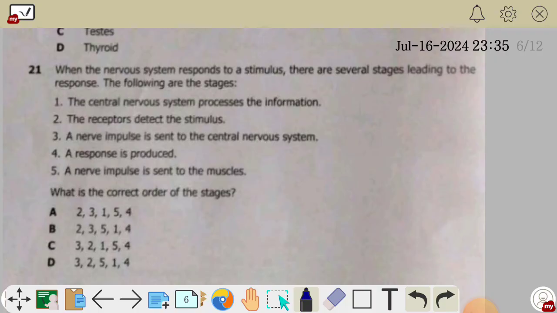The first thing we have to do is sense, so the receptor will detect the stimulus. That is the first step, which is 2.